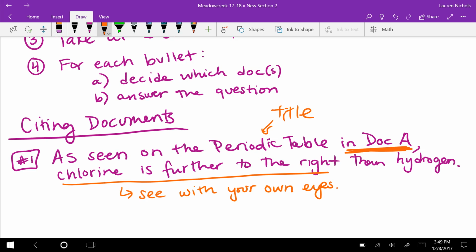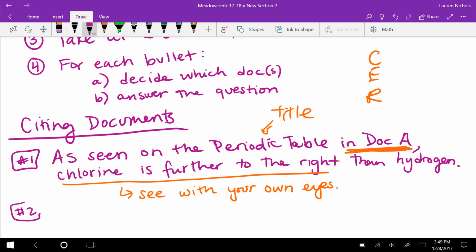So the what does that mean, what you see, is reasoning. So remember, when you have a claim, evidence, and reasoning, the evidence part has to be what you see in the document. It cannot be what you know because of what you see.